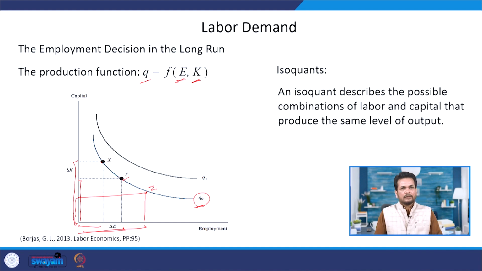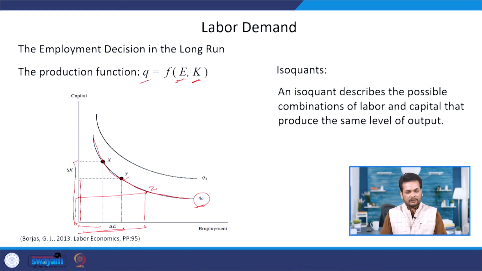So, in the long run, the firm can decide how much output it can produce with different combinations of factor inputs. If you join these points, you get different combinations of factor inputs that produce the same level of output, and this curve is called the isoquant.